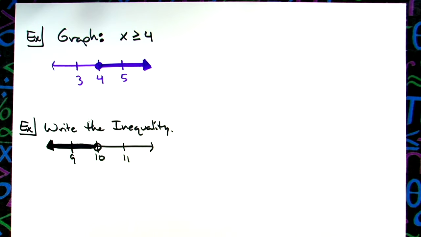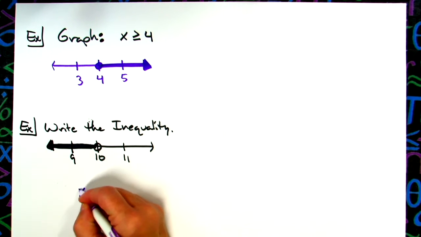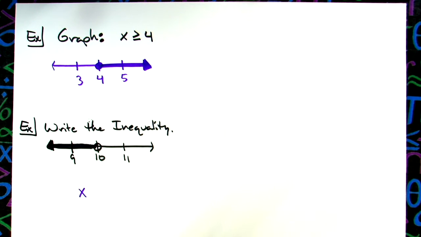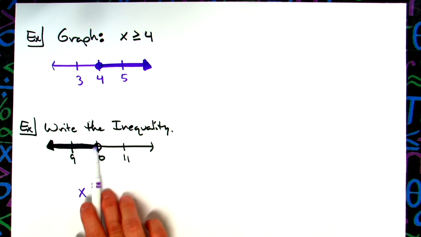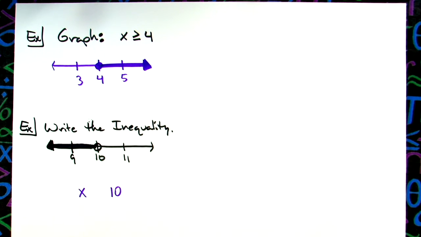Now I'm going to suggest that the first thing you write down on your paper is always the x. We're all going to use x. We don't use different variables. Now, whatever number the dot is on, that's the number that goes down, so write that number down. I would write those two things down first.